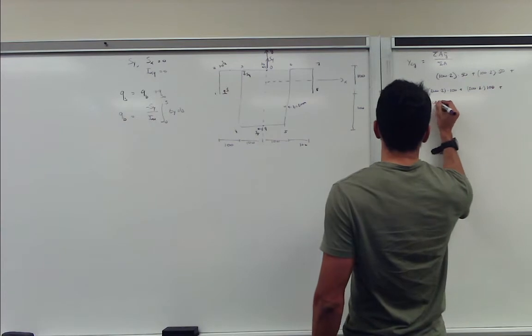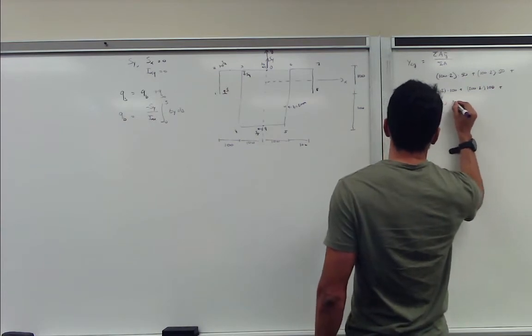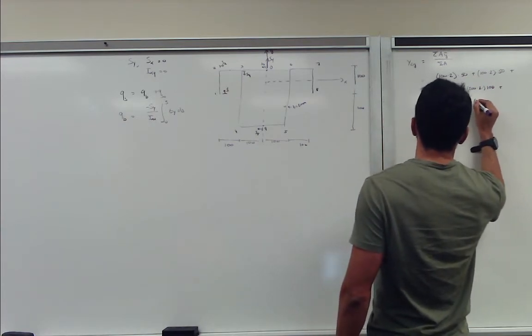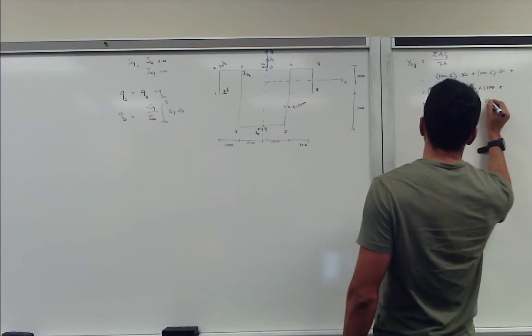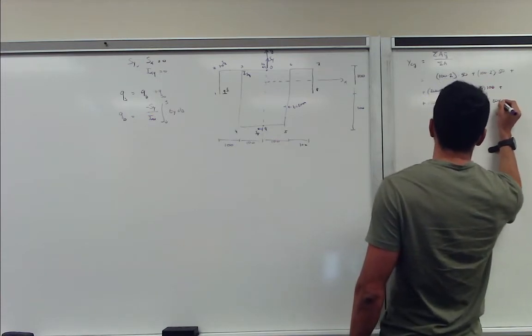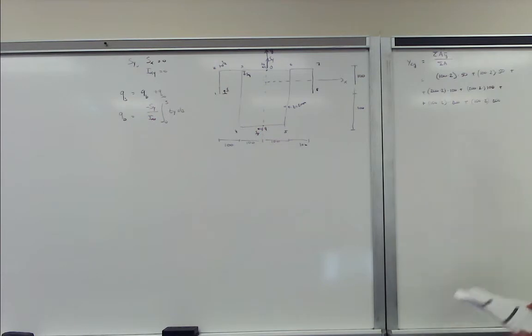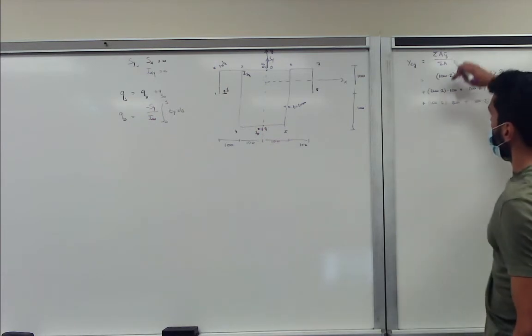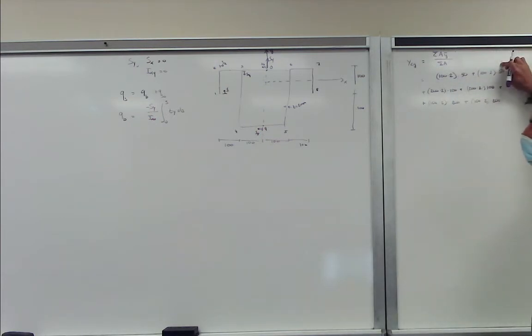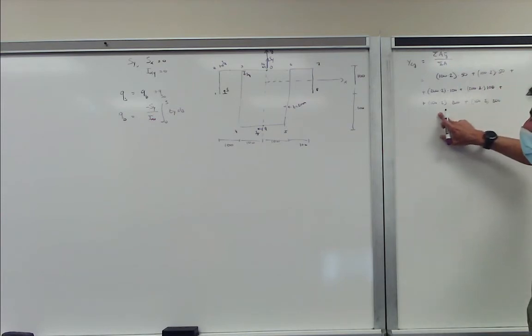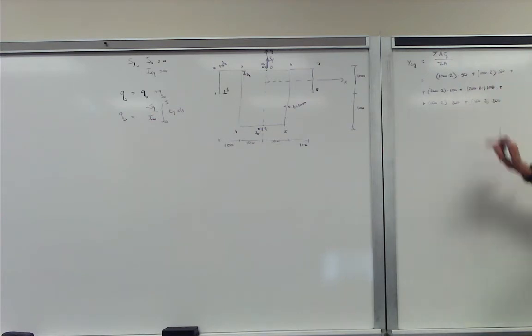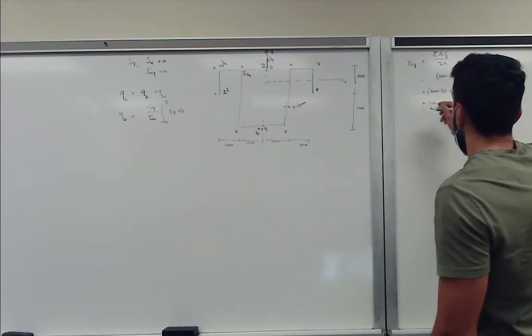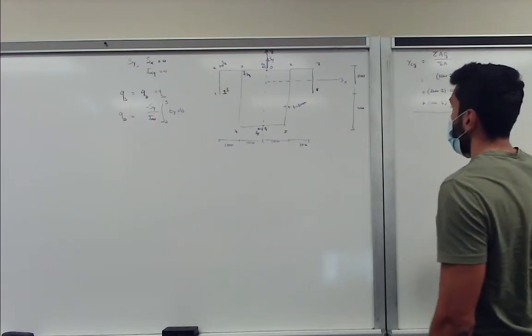So we get 100 times 2, multiplied by 200, plus 100 times 2, multiplied by 200. So this covers segments 1,2, 7,8, 3,4, 6,5, 4,9, and 9,5. That's the top part. So we divide that by the total sum of areas.